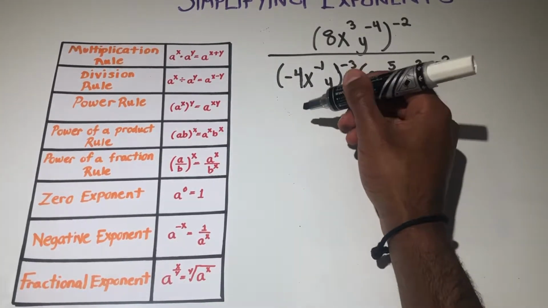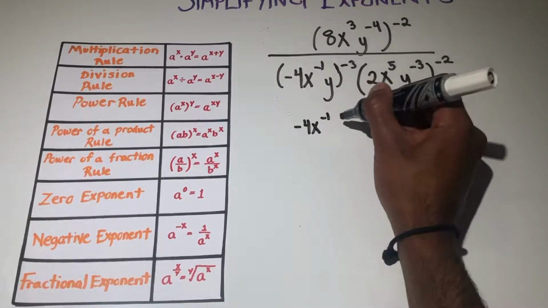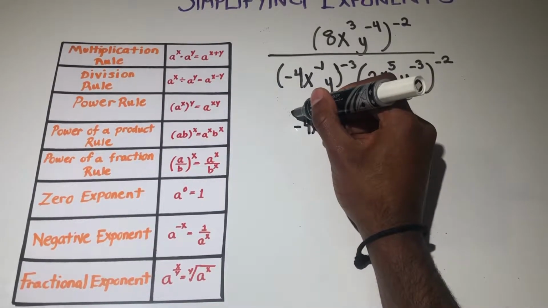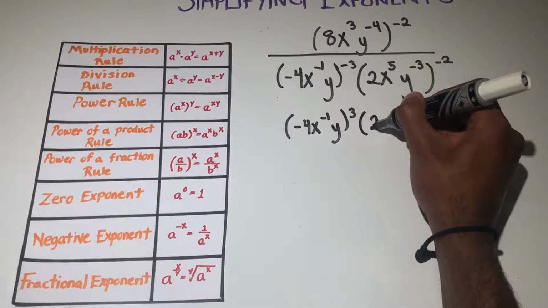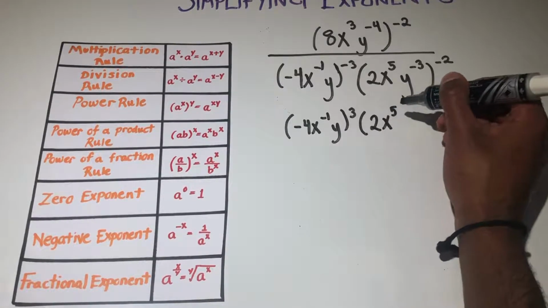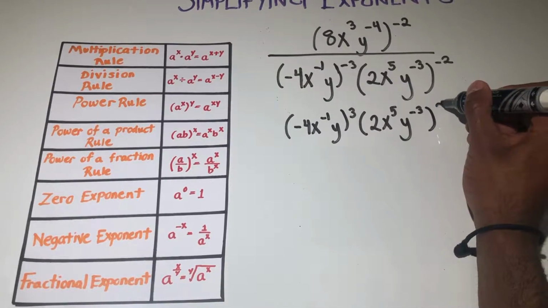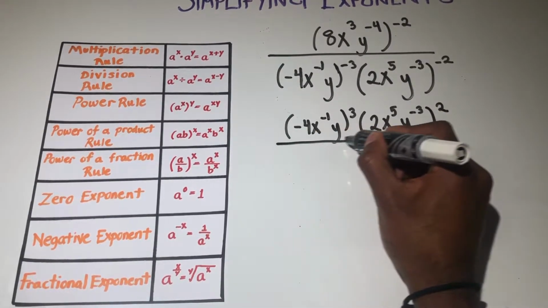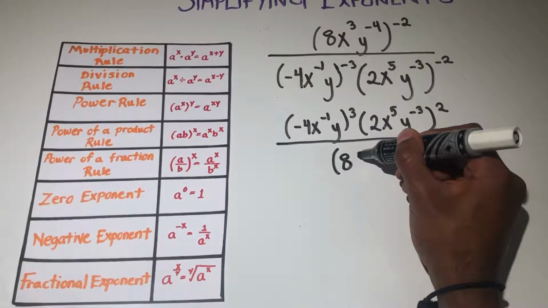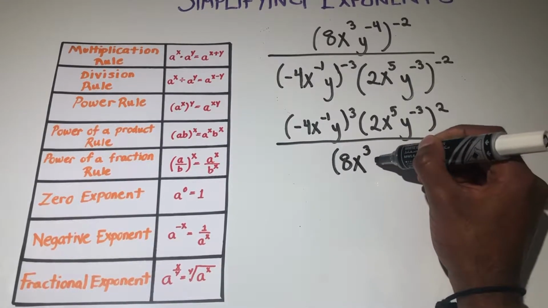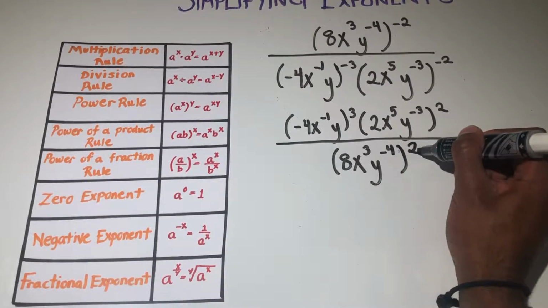So this is going to give us negative 4x to the power of negative 1 times y to the power of 3 times 2x to the power of 5 times y to the power of negative 3, all raised to the power of 2, all up in the numerator. And then in the denominator, we have 8x to the power of 3 times y to the power of negative 4 raised to the power of 2.